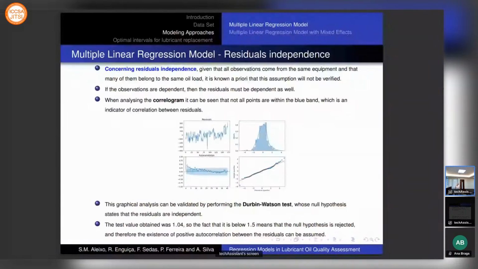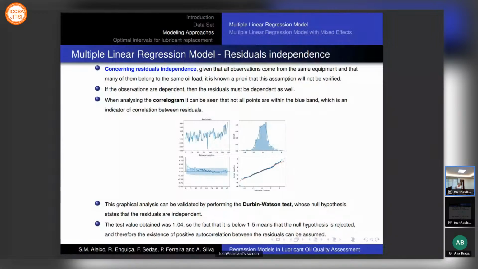Okay. First, concerning the independence, we can see that not all the points here in the parallelogram are inside the blue band, so these are outside, and this can be an indicator that there is correlation between residuals.